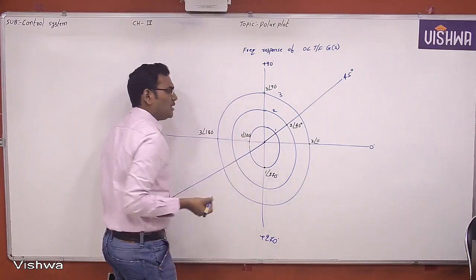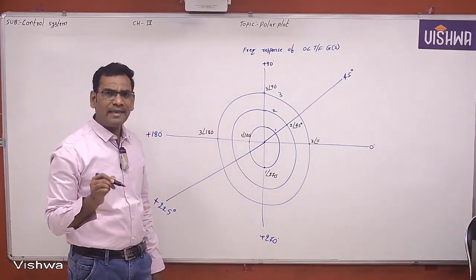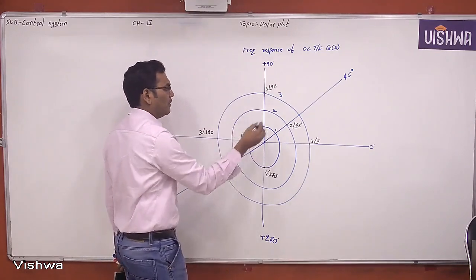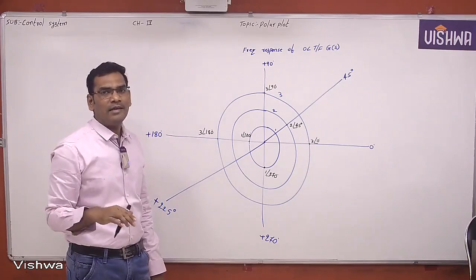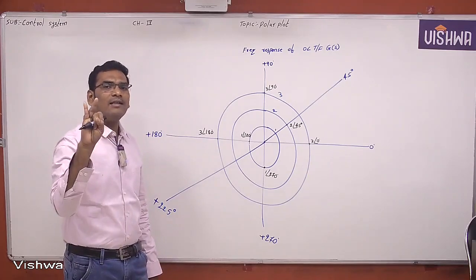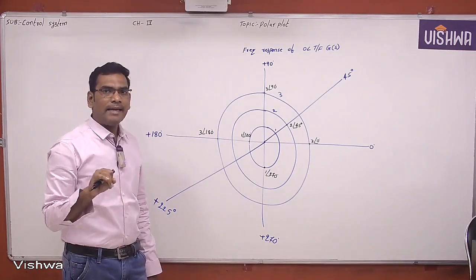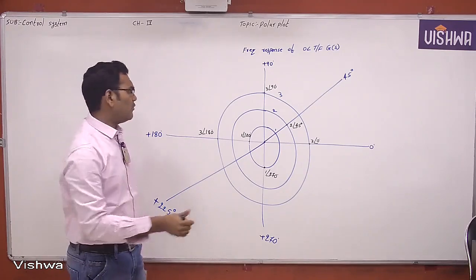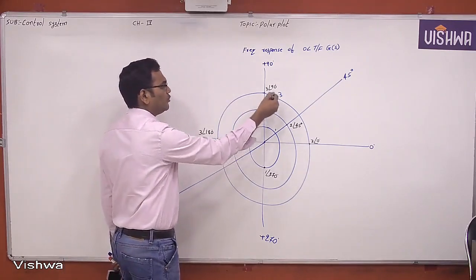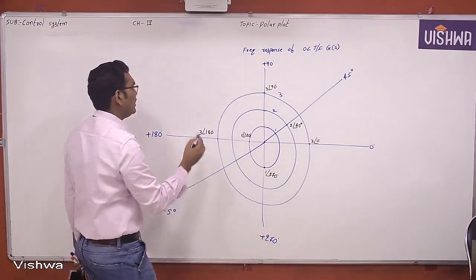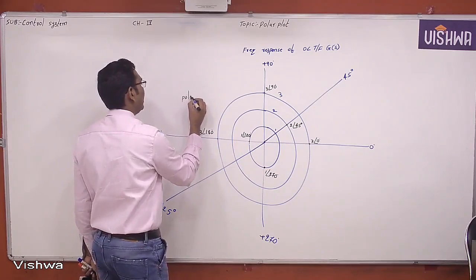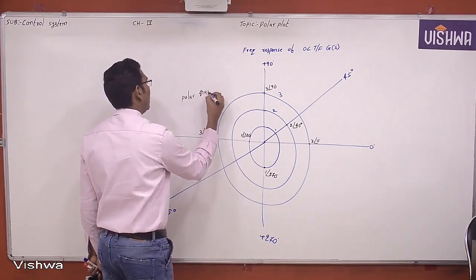Which means, if you take any point on this graph, you can have two values: one is magnitude, another one is phase angle. Anywhere you take, there is a magnitude and a phase angle. This sheet is called a polar sheet or polar graph.